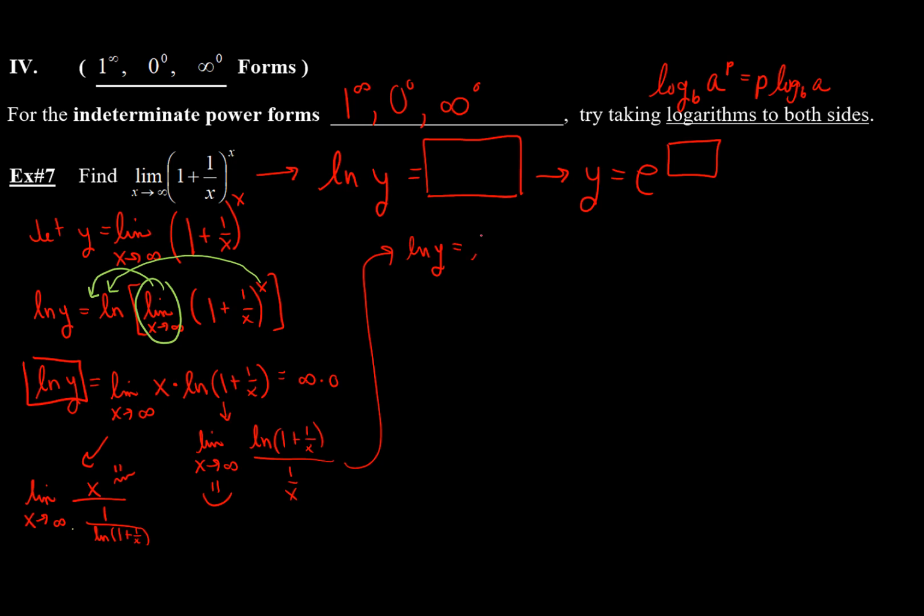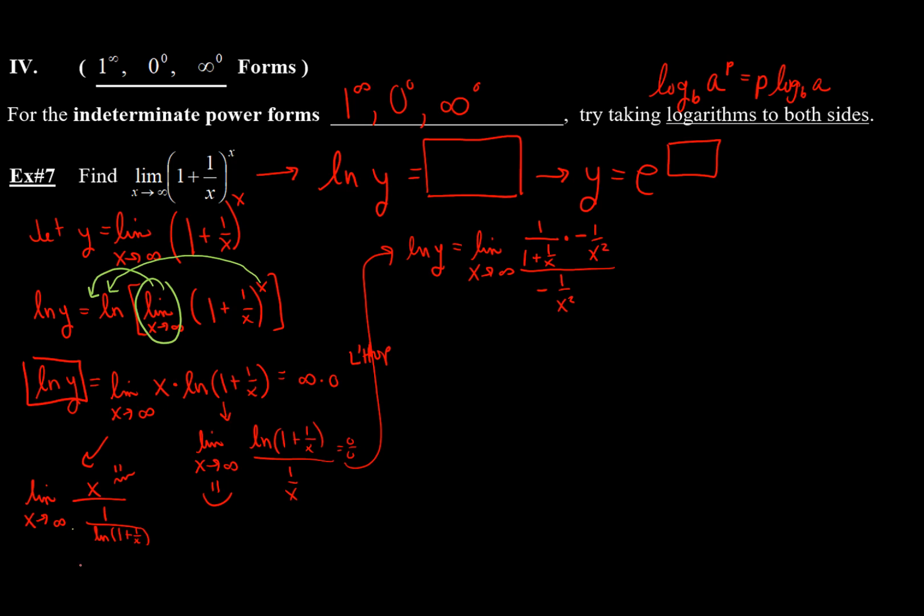So we're going to do the limit as x approaches infinity. And if we plug this in, we do end up with the 0 over 0 form. So we're going to do L'Hôpital's. In the denominator, I'm going to have a negative 1 over x squared. In the numerator, I'm going to have 1 over 1 plus 1 over x times the derivative of the inside, which is a negative 1 over x squared.